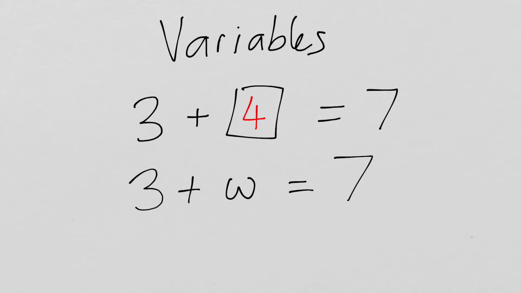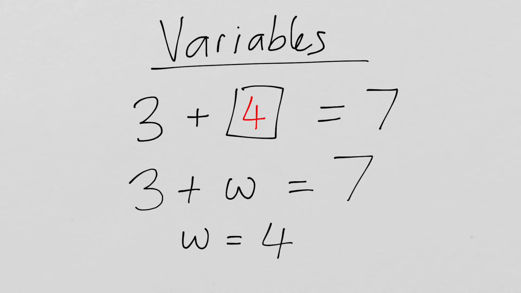Once we figure it out, we know in the end that W is actually 4, right? So we can say what a variable is equal to, and that's solving that equation, right? So a variable is basically just a letter that stands in the place of a number, usually an unknown number.